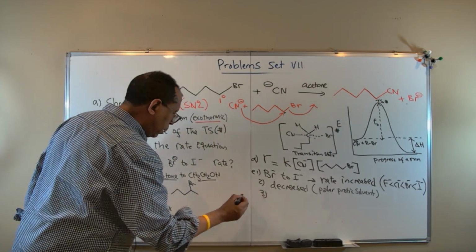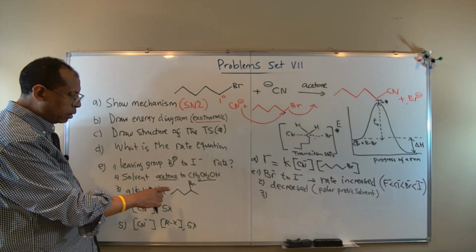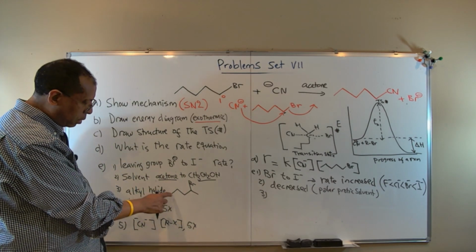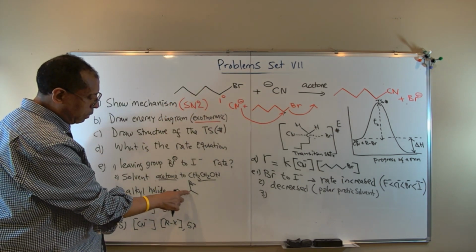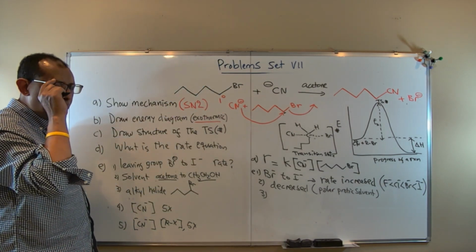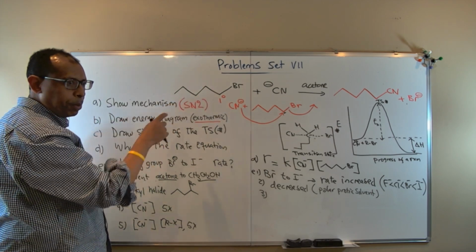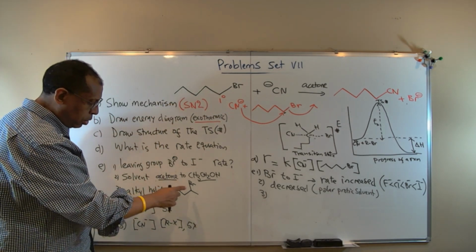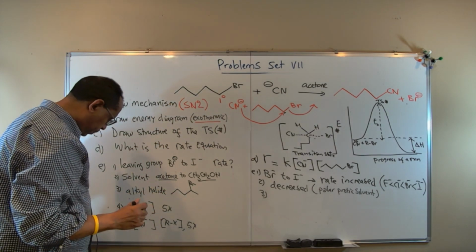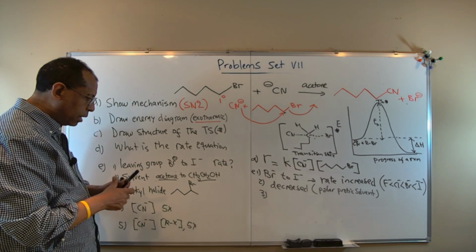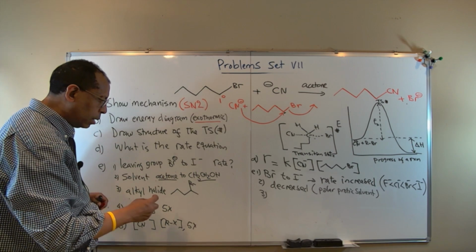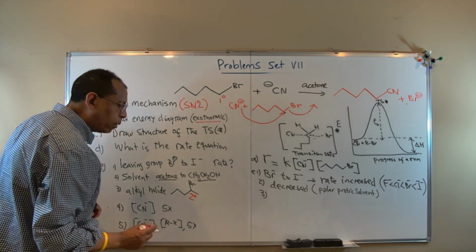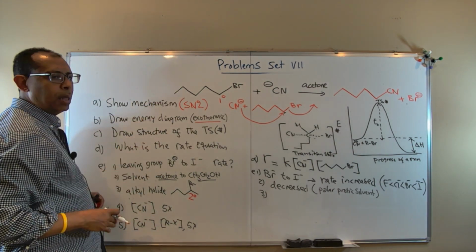Number 3, the alkyl halide is converted to this. This is the same bromopentane, carbons 1, 2, 3, 4, 5, but now instead of a primary, it's changed to a secondary. A secondary alkyl halide is much slower in rate for SN2 than a primary.